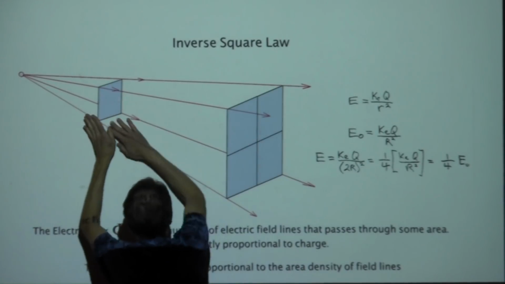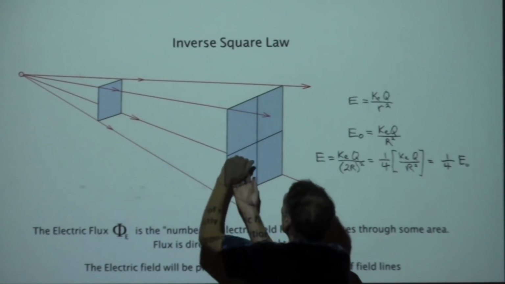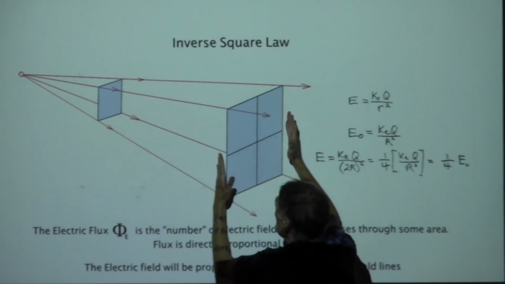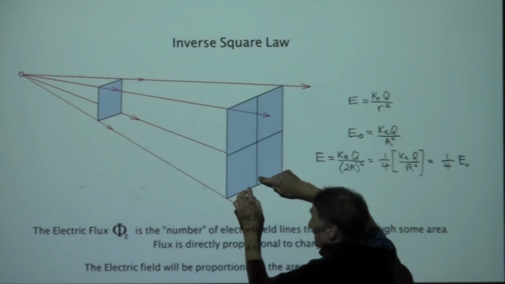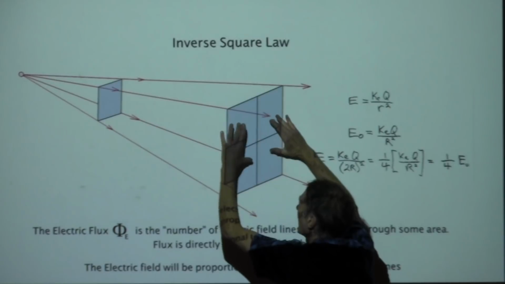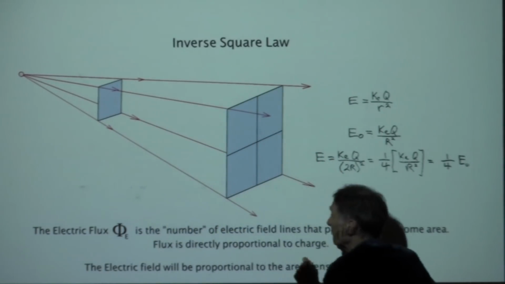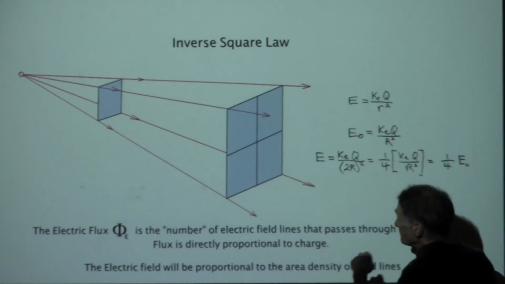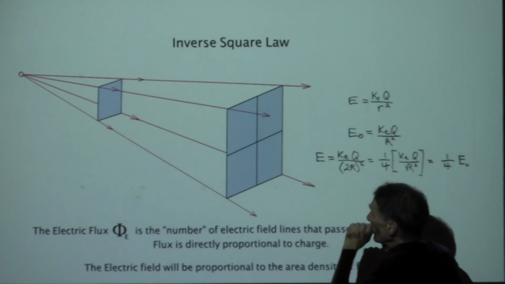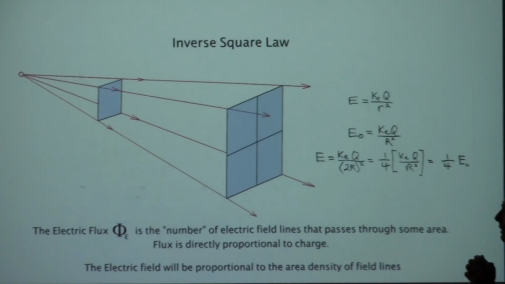Then if I take that away and go out here twice as far, that light spreads in both the x and y direction. It's going to spread out over 4 times the area. So the light is going to create a pattern that's 1/4 as bright as that, hence the inverse square law. And so this is, again, a great way to visualize this.